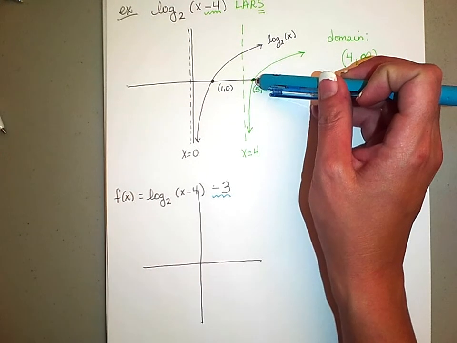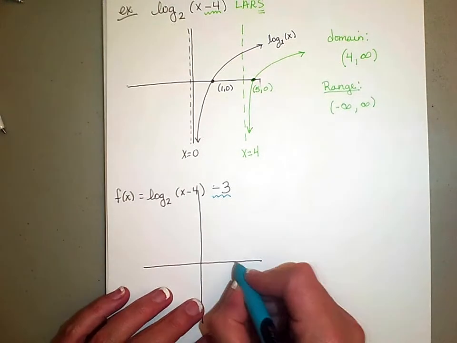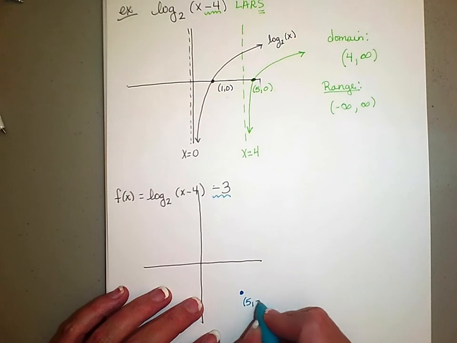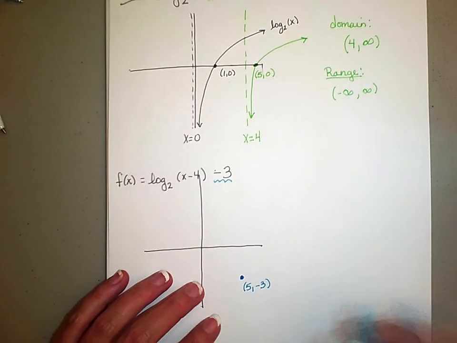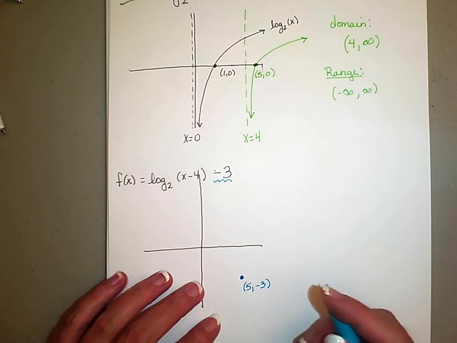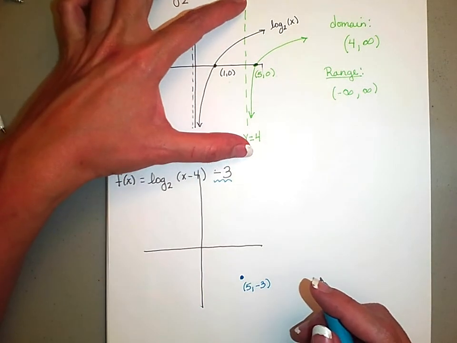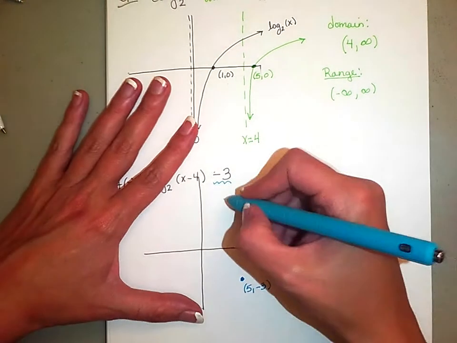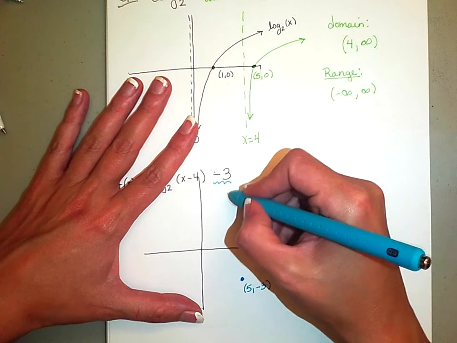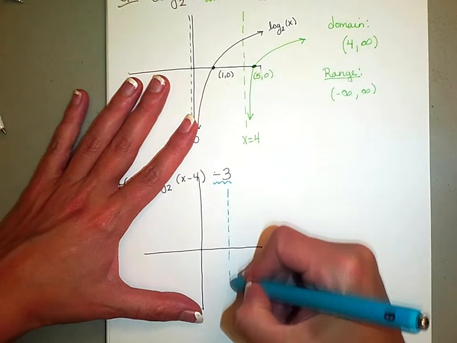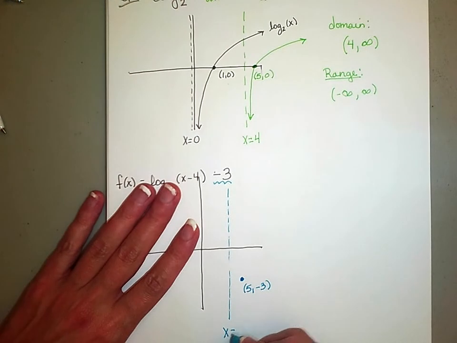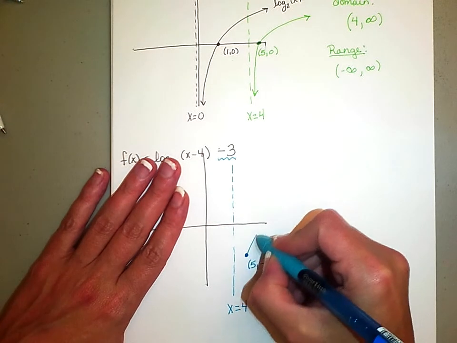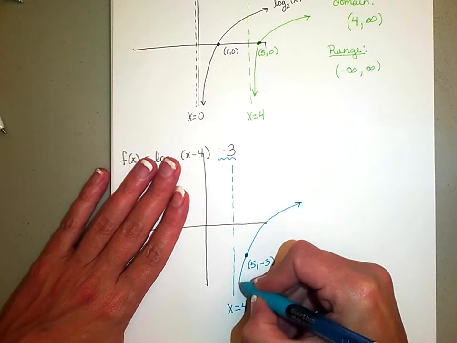So instead of having our important point be 5, 0, it will shift down to 5, negative 3. The vertical asymptote will also shift down 3 units, but it's an infinite line, so it will not change. So it will stay the equation of x equals 4. And now the graph can be drawn like so.